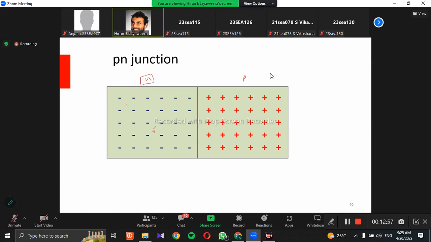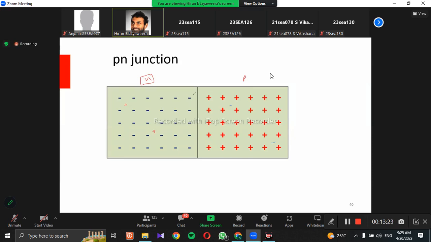The other mechanism is doping. Once you dope it, you can get a large number of free electrons or free holes. For the N-type area you can have a few free holes, and in the P-type area a few free electrons. Those are minority carriers in those regions.